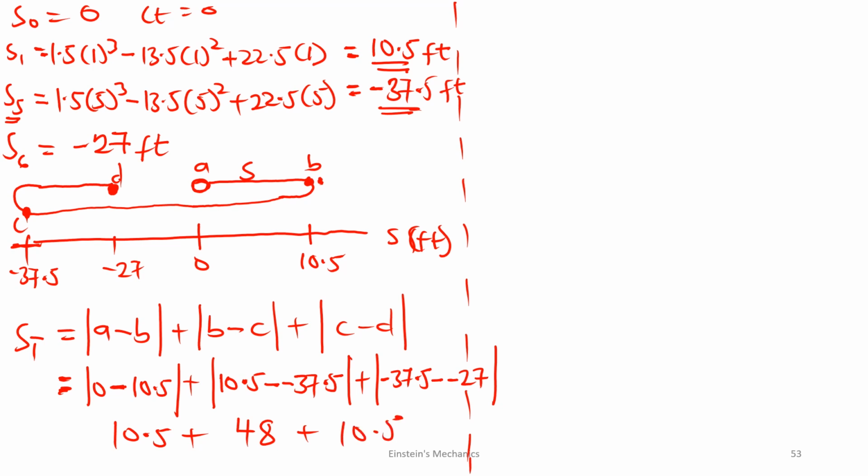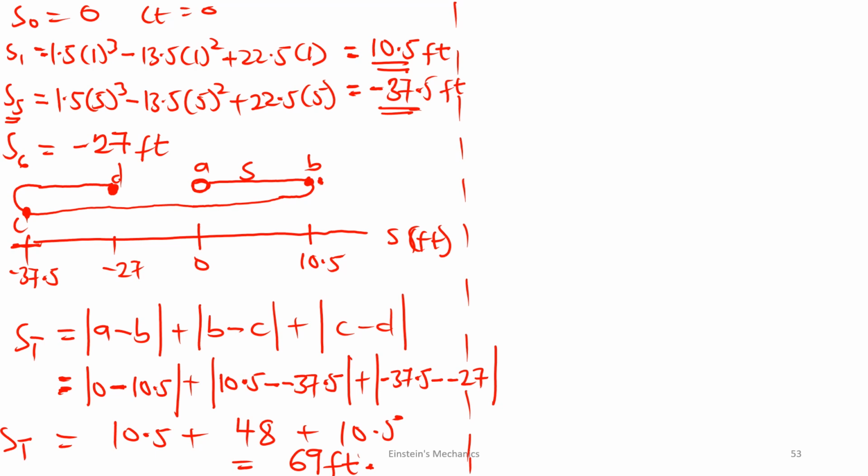And if we solve for the total, that is going to give us 69 feet. So the total distance by the particle is 69 feet. Are we good? So this is the final answer for the total distance. Quite simple.